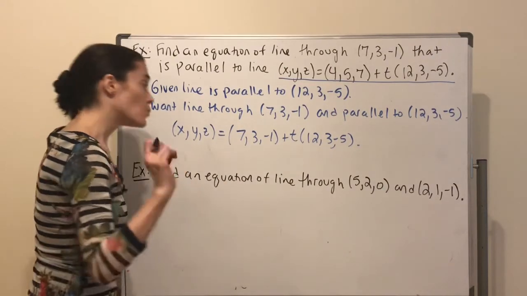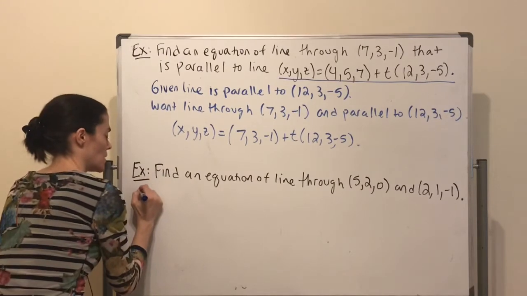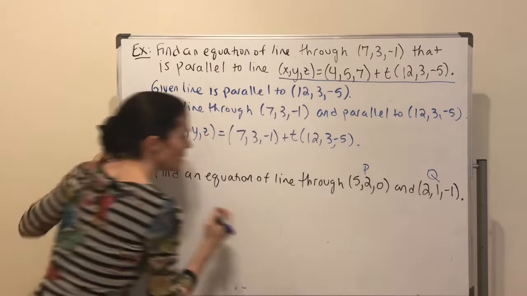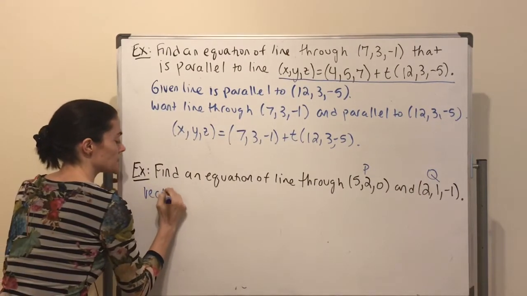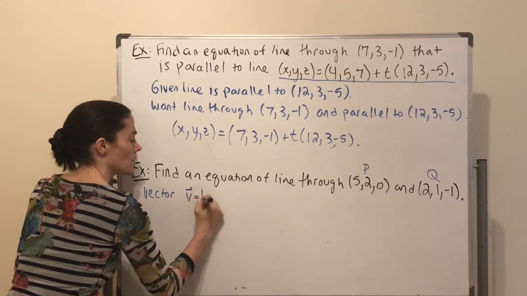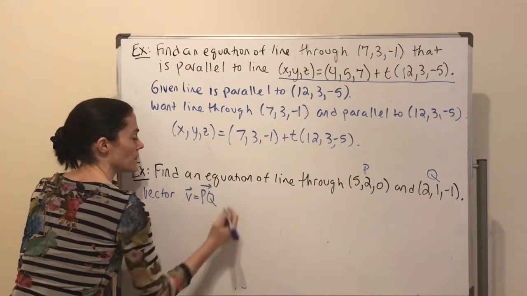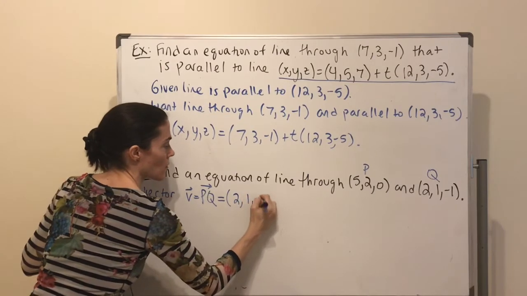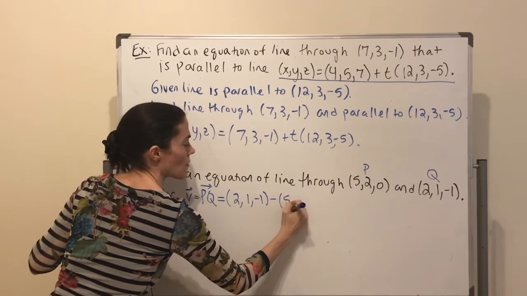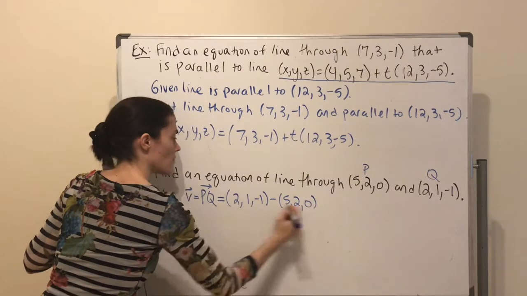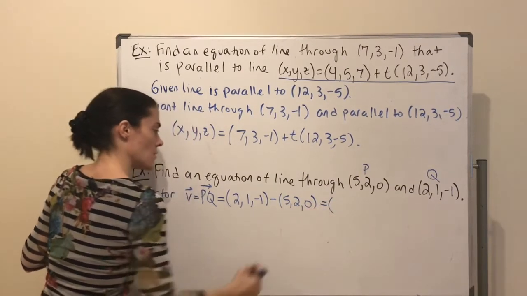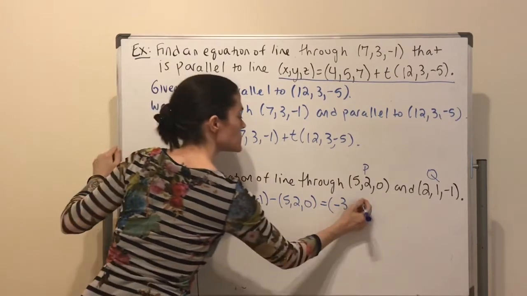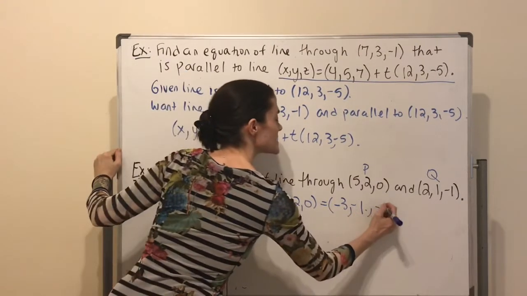Okay, well, I'll label them P and Q. Just like in the very first example, we take this vector, which is minus 3, 1 minus 2 is minus 1, and then minus 1.